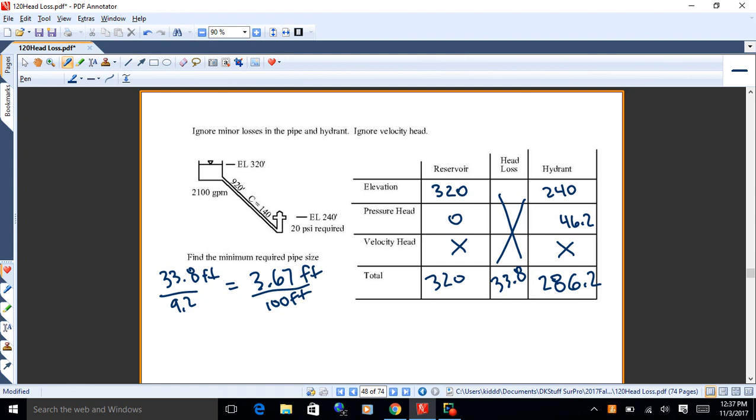All right, so now we're going to put 2,100 gallons per minute through this pipe. And we want to find the minimum required pipe size that we can use.